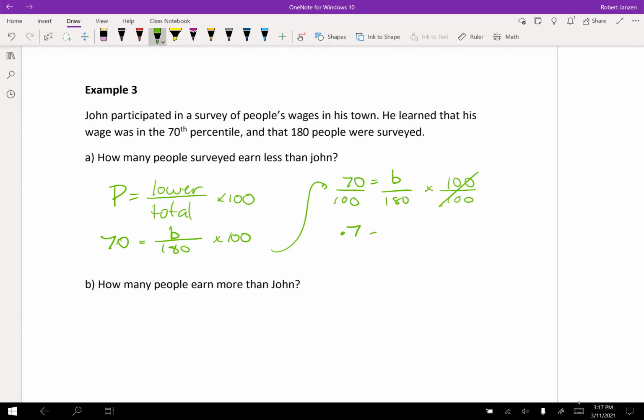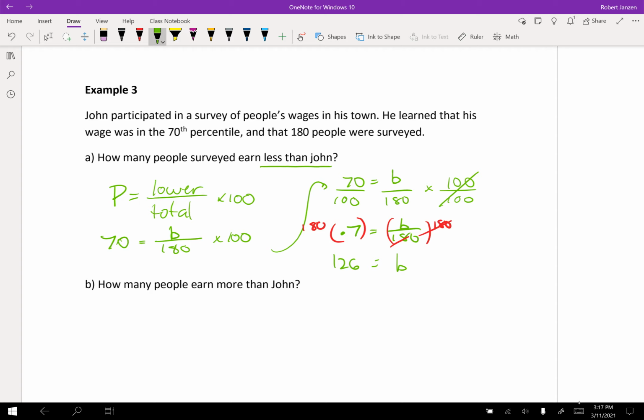And then I get 0.7 is B over 180. And then how do I get B? I'm going to multiply both sides by 180. Okay, so B is 126. So 126 people earn less than John.